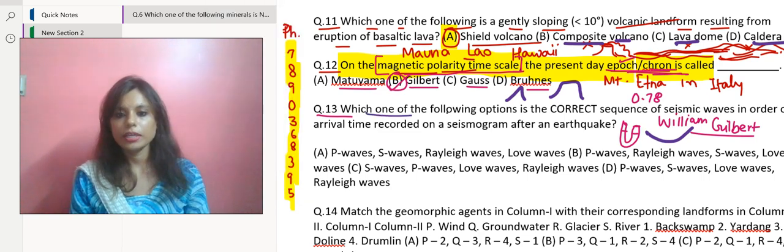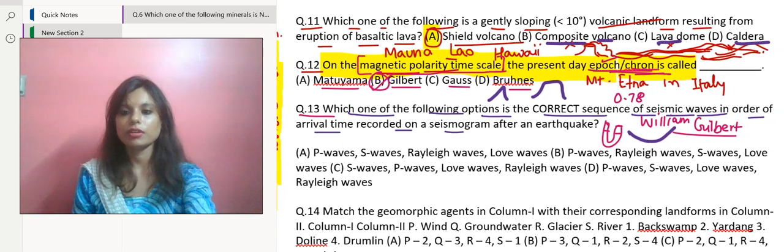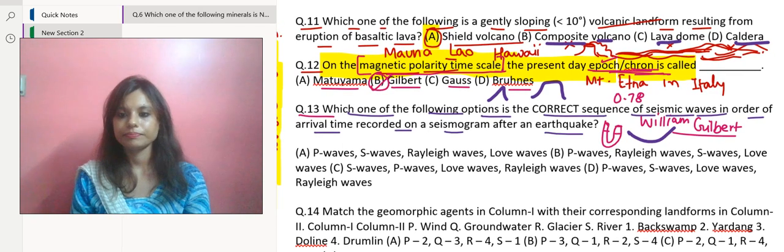Which one of the following options is the correct sequence of seismic waves in order of arrival time recorded on a seismogram after an earthquake?